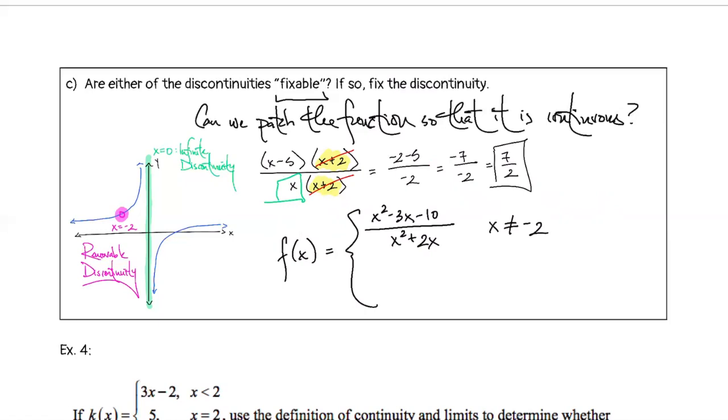But when x equals -2, we're going to give it a value of 7/2. That will be the same as saying, let's put a pink dot where that hole is, and now we've fixed the removable discontinuity.